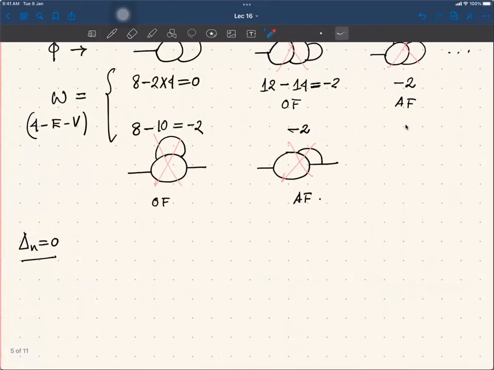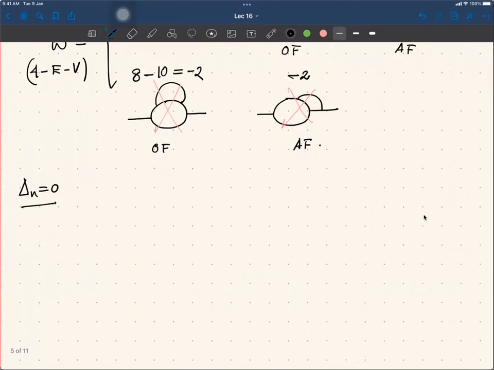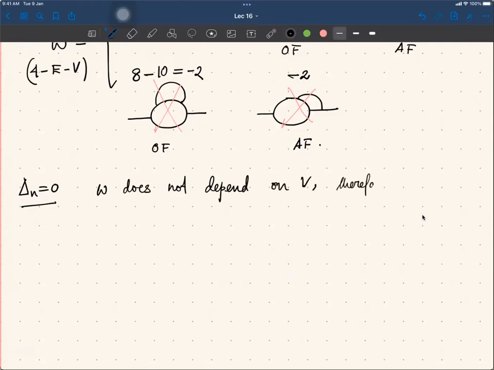For delta n equal to 0, omega does not depend on V, therefore we are free to add more loops.